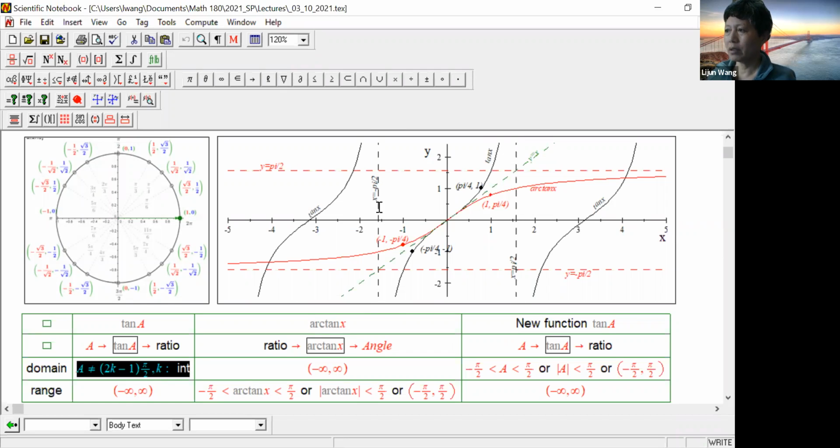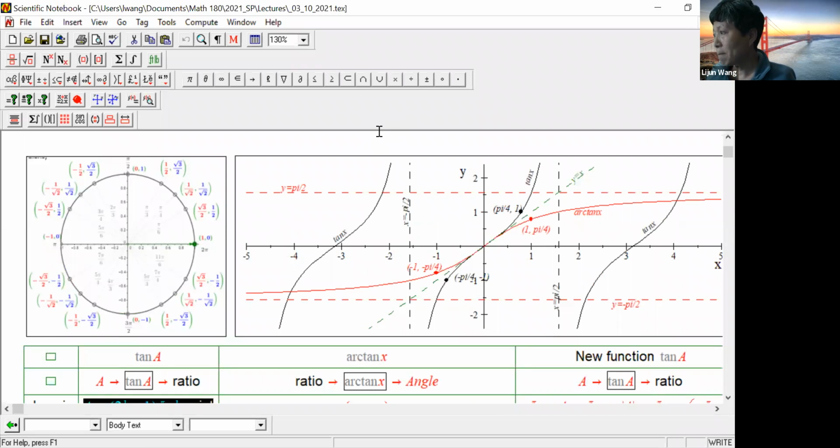I put them there: this is x equals negative pi over 2, and this is x equals pi over 2. Can you see that clearly? If not, I can make it a little bit larger. 130%. Is that better?